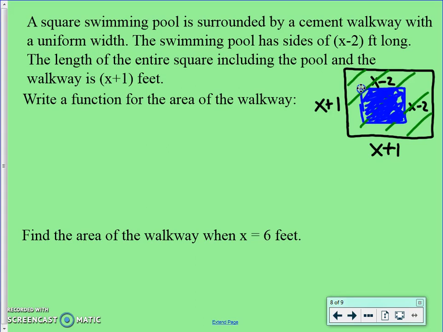So let's find our two items. We first have the total area. So we have to find the total area. The total area is just going to be the x plus 1 quantity squared. That's the total area we have here.